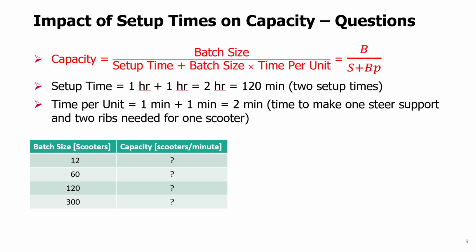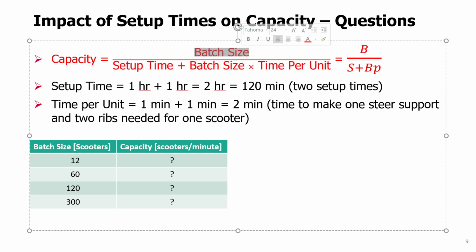Here we're saying the capacity will be calculated as batch size, the number of units that we produce, divided by how long it takes to produce this batch. So it takes a setup time, and it takes time per unit times the batch size. So these are the calculations. In symbols: capacity = B divided by (setup time S plus batch size B times processing time per unit).